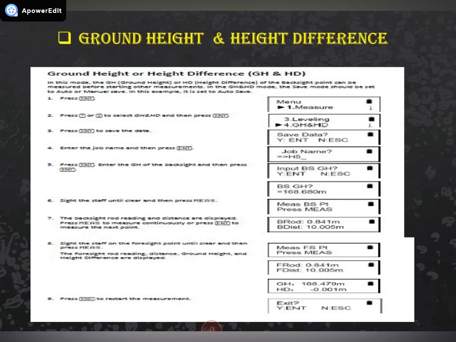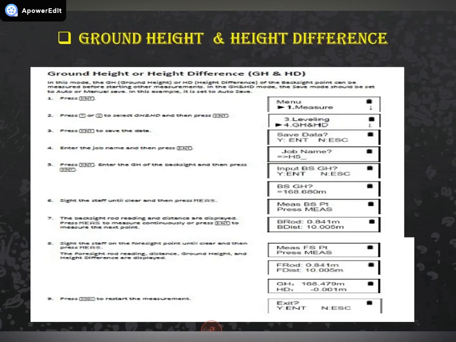We have four types of benchmark: one is permanent benchmark, one is temporary benchmark, one is arbitrary benchmark, and another is GTS benchmark. GTS benchmark is a benchmark which was established at the time when India was under British rule. So every GTS benchmark has a value in the FPS system, in feet.